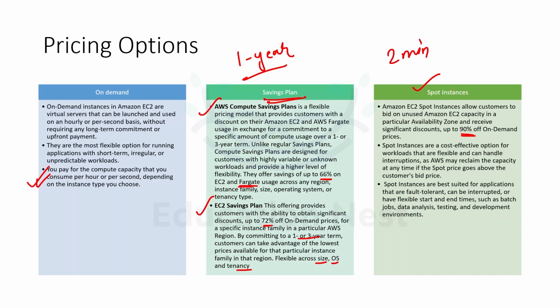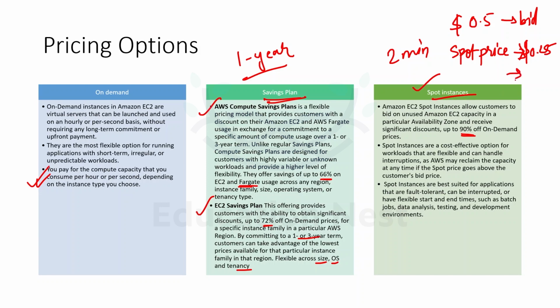Here you bid for the spot instances. Suppose you say that you are willing to pay $0.5 per hour. This is your bid price. And there is something called the spot price, which is updated hourly. Let's say the spot price is $0.25, then you would get the spot instances.